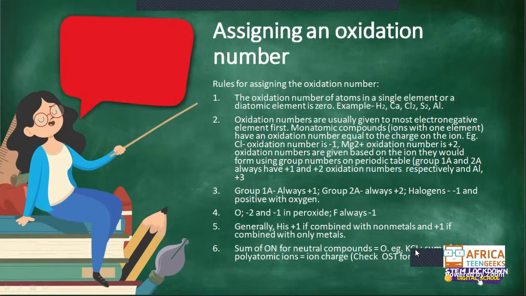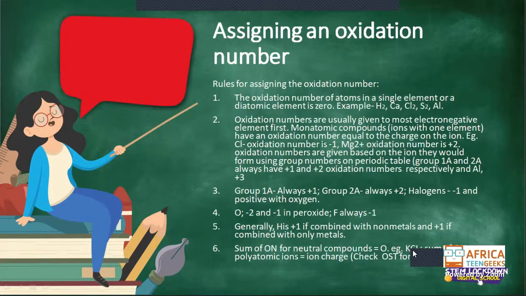So for example, here K has an oxidation number of +1 and Cl has an oxidation number of -1. So these ones, they generally become balanced. There's no overcharge, etc. So they become neutral compounds.